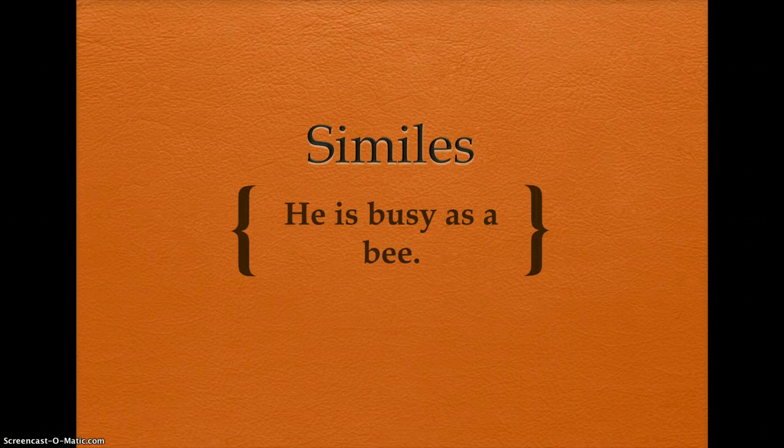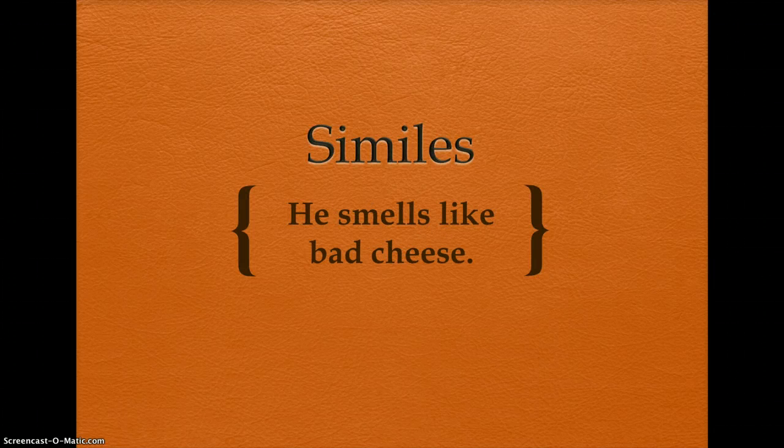If I say, he is busy as a bee, I put the word as between busy and bee because those are the two things I am comparing. If I say, he smells like bad cheese, I put the word like between smells and bad cheese because those are the two things I am comparing.